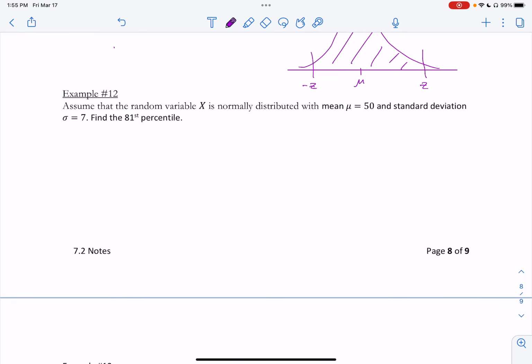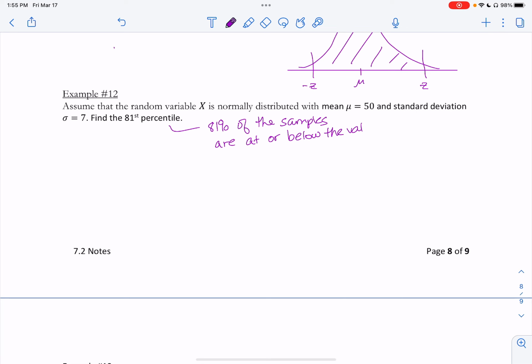We can do this a similar way if we look at example 12. Remember, if you remember percentiles, that means that 81% of the samples or random variables are at or below the value. That's the 81st percentile.